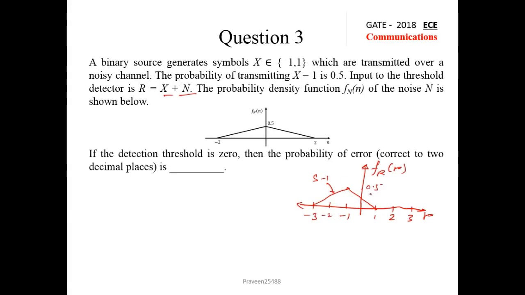Now similarly for symbol x equal to 1, we'll draw at 1. We will start from -1 to 3. This is for x equal to 1.